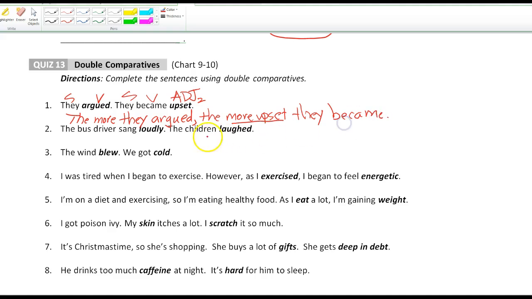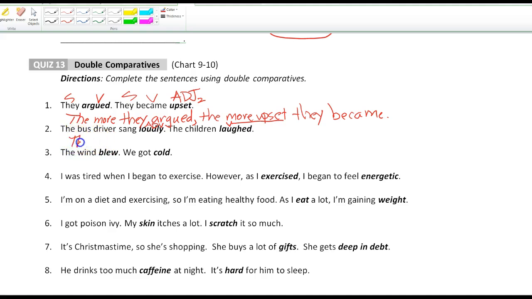Okay, we have loudly, that's an adverb, and we have laughed, that's a verb. So we're using adverb and verb form. Okay, subject, the bus driver sang loudly.